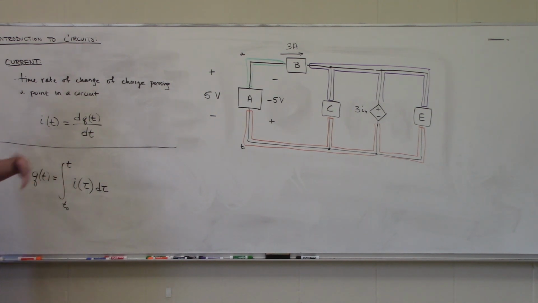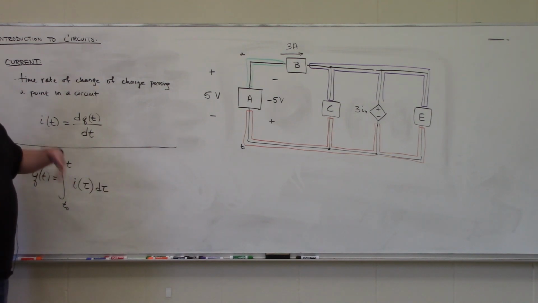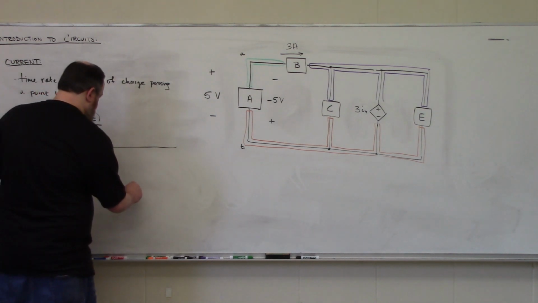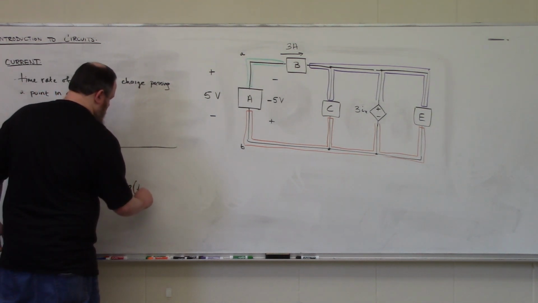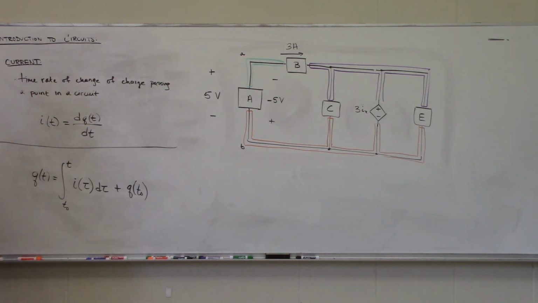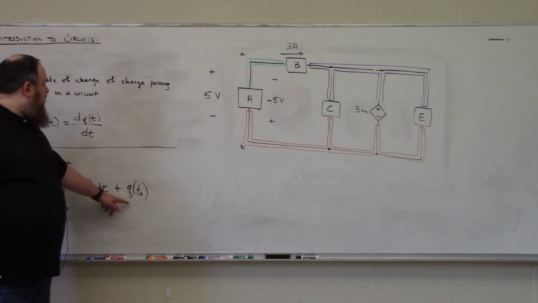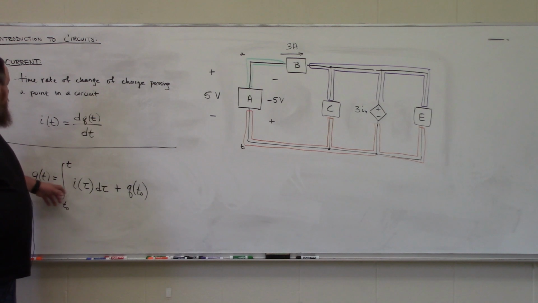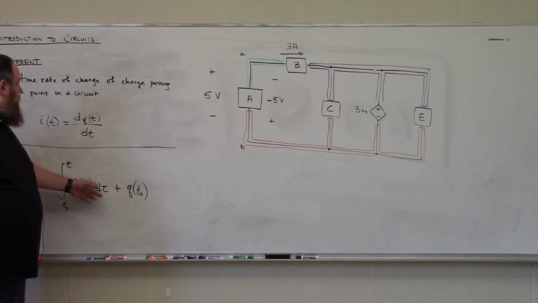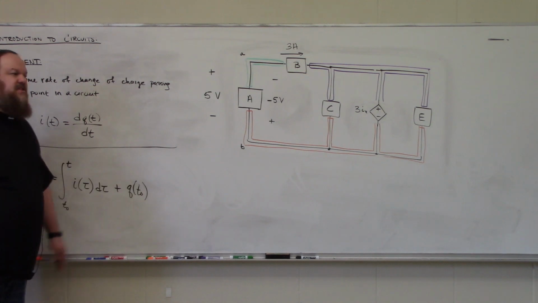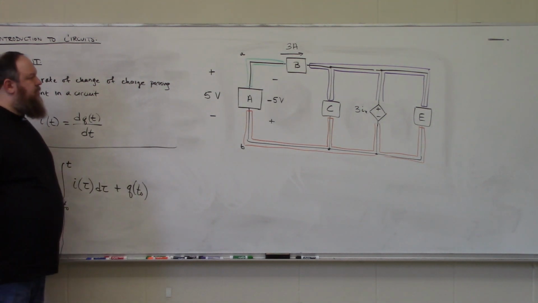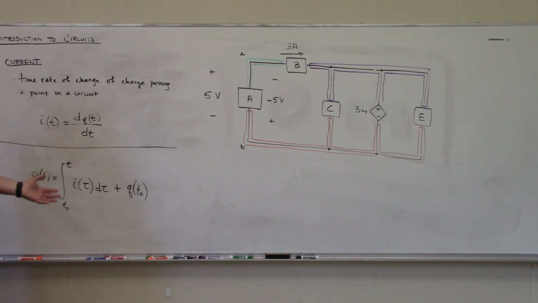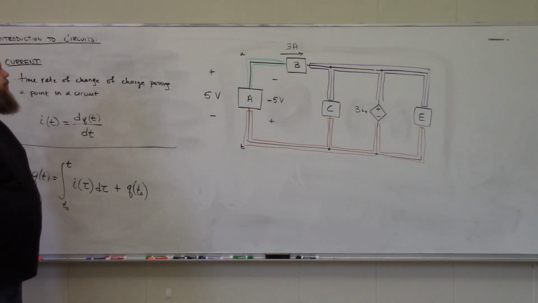If I have t in my limits of integration, it just gets confusing. So tau in this case is just a dummy variable that represents time, plus some known charge at time t naught. And I want to be very clear that in this expression, this term q(t naught) is not included in the integration. So charge is effectively current multiplied by time plus some initial amount of charge that we could observe. And we'll use these mathematical relationships a lot in our example problems.